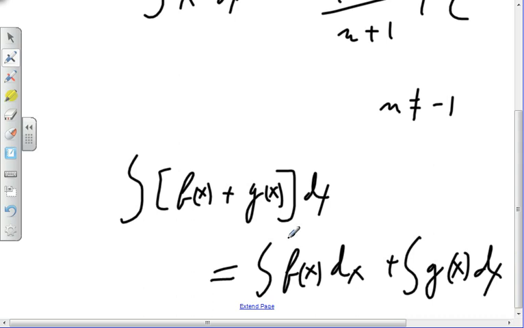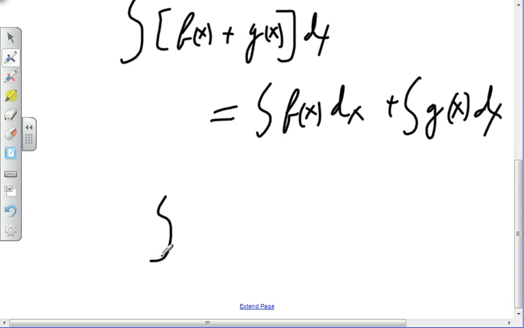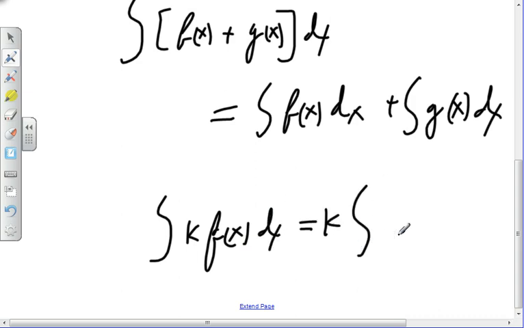And if I have the integral of some constant times f of x, that's the same as the constant times the integral of f of x. These rules are the same as what you'd use for summation. I guess that's enough rules.